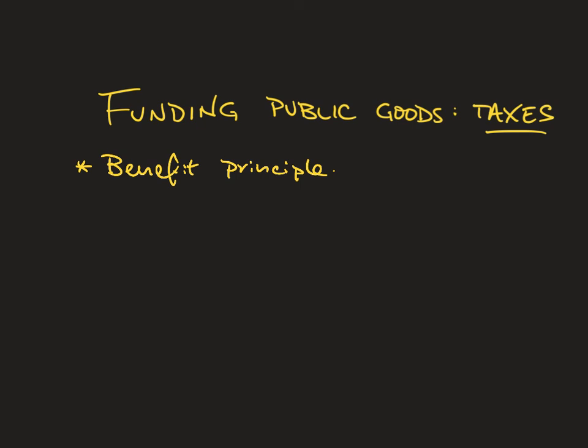Public schools, I imagine, could be run by fee for service instead of everyone in the community paying for the public school. By the way, public schools are usually funded with property taxes that are placed on the local community.